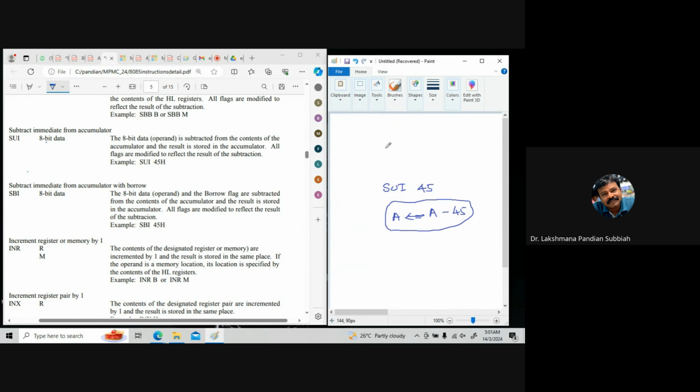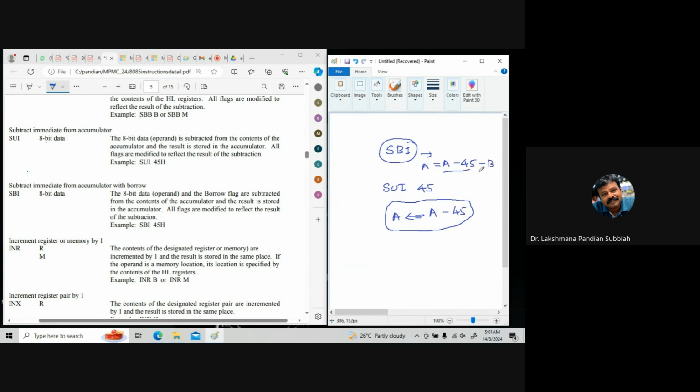Next one, subtract immediate with borrow, right? That is SBI, not State Bank of India. This is subtract with borrow, SBI, right? So with SBI you have to subtract A minus 45. If the borrow is either 0 or 1, it depends on the borrow, and then you have to subtract the borrow also. We get that result.